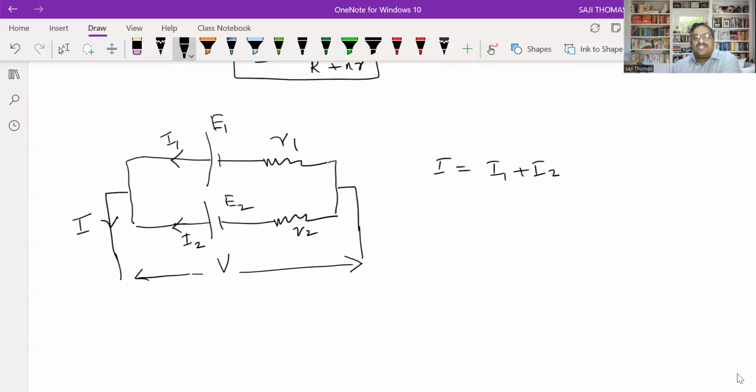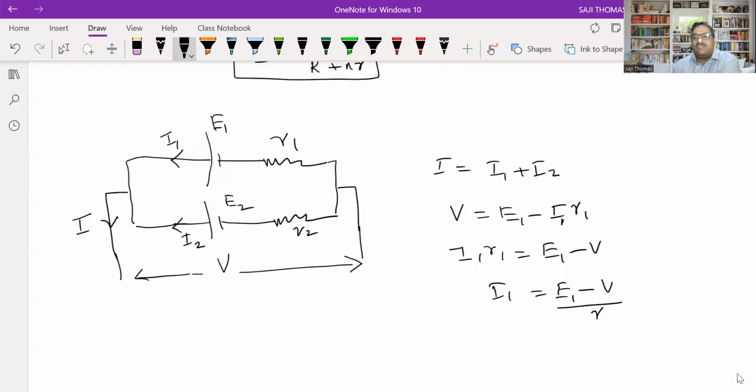And you know, for the first cell, V equals E1 minus I1 R1. We can rearrange this to find the current: I1 R1 equals E1 minus V. So what will be I1? I1 equals E1 minus V by R1.